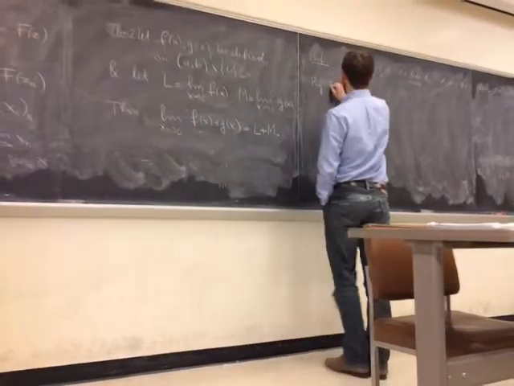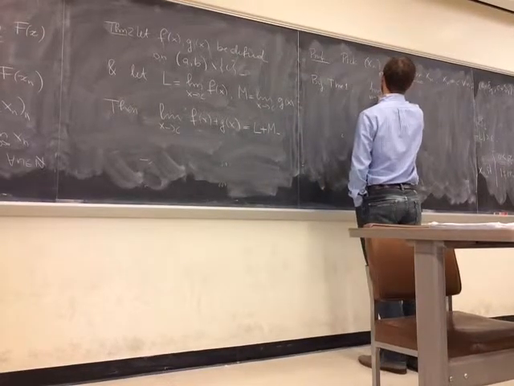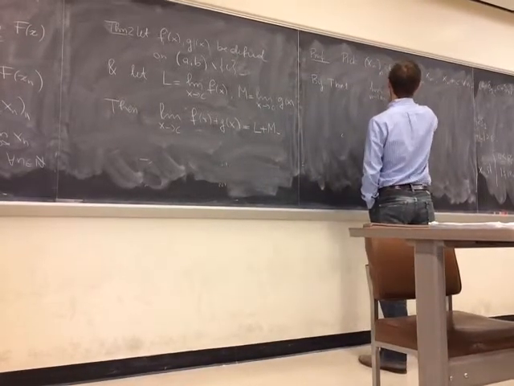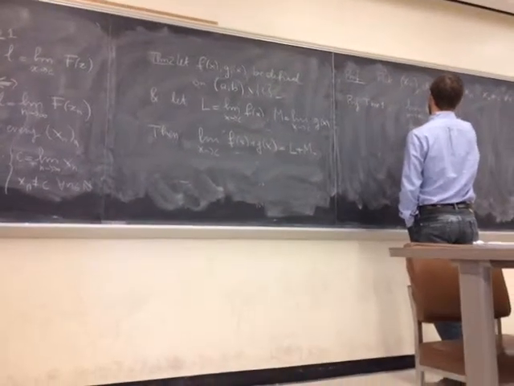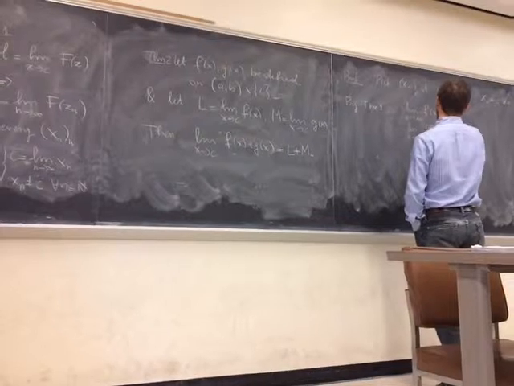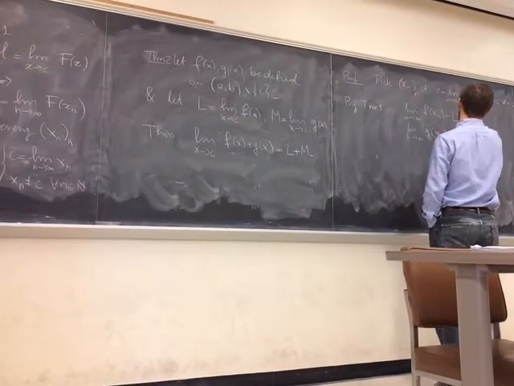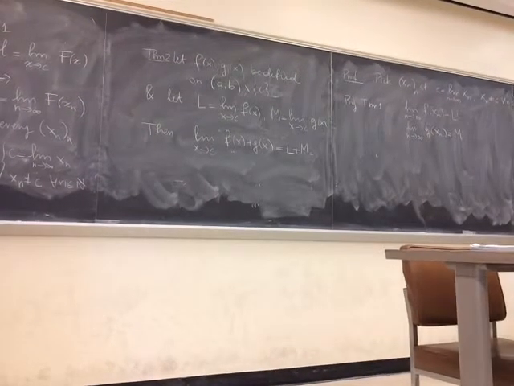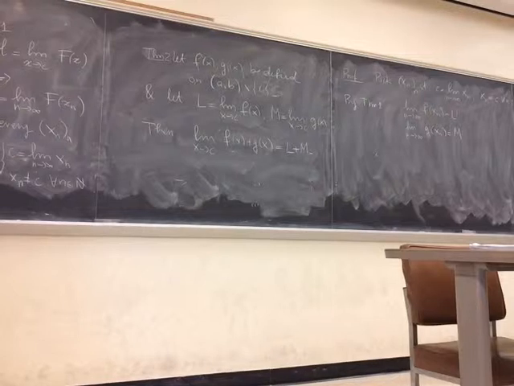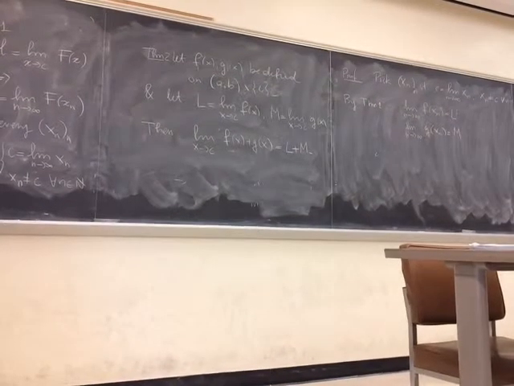So by theorem 1, the limit as n goes to infinity of little f computed at xn is equal to capital L, right? As well as the limit as n goes to infinity of g of xn is equal to m. Because my assumption is that L and m are the limits as x goes to C, right? In the sense of function.